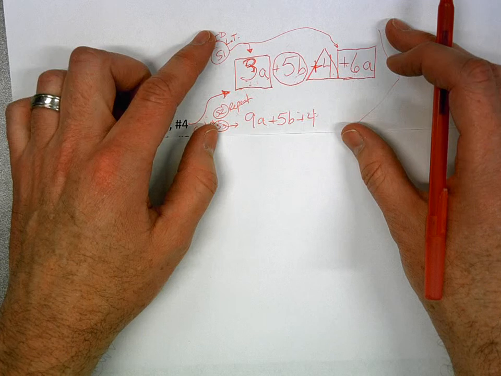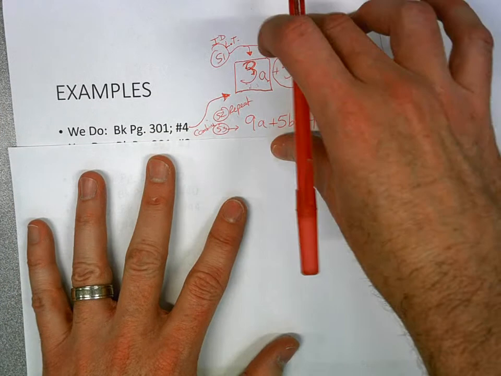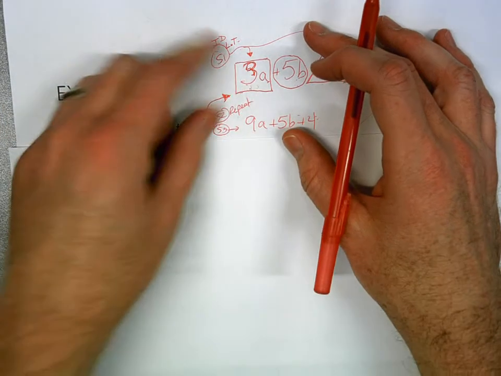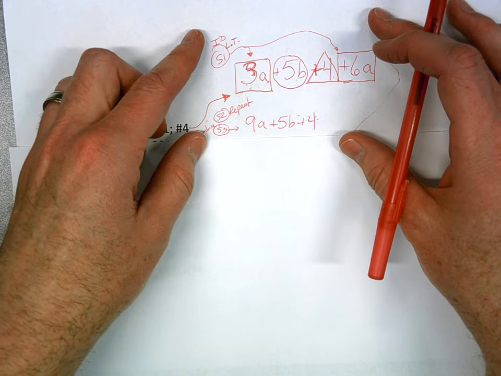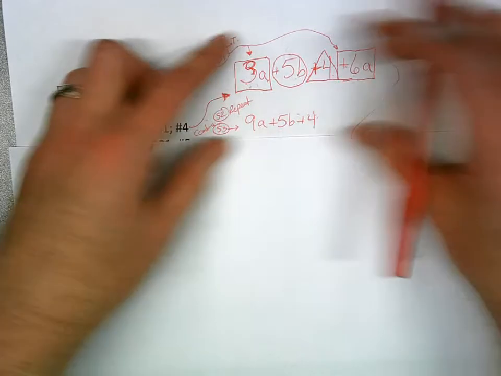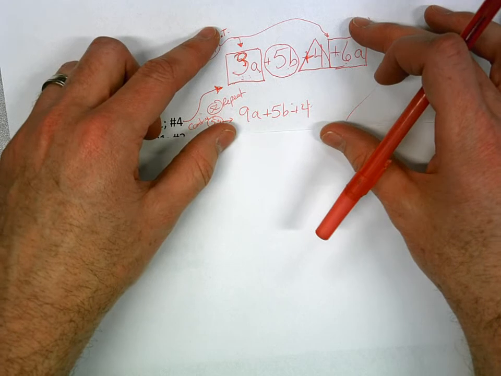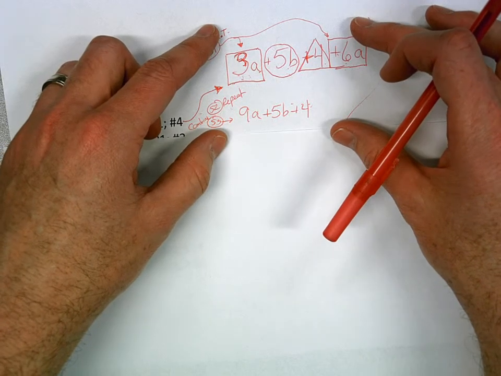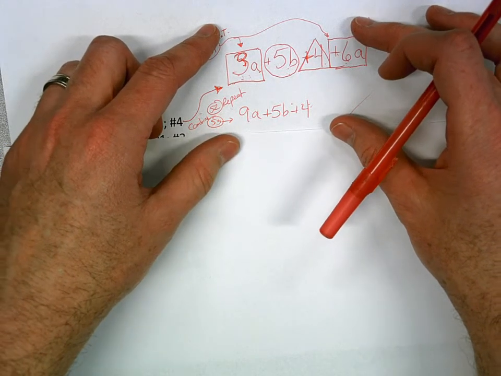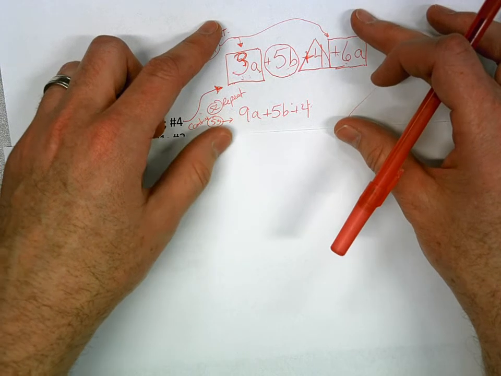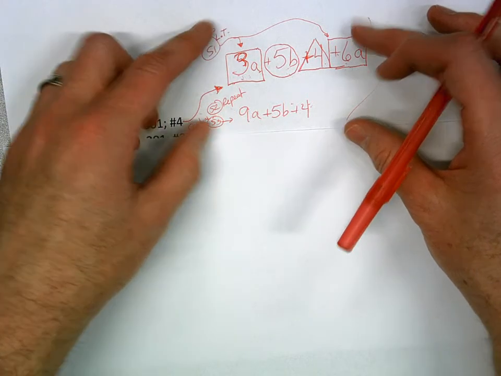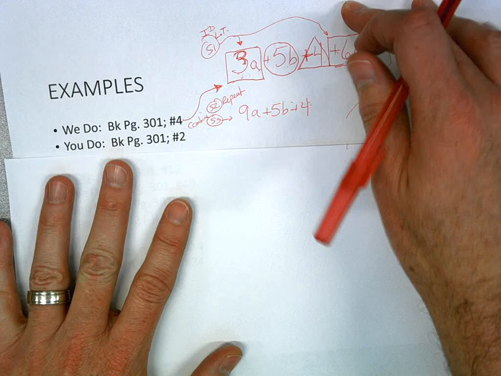Okay? Now, let's take a look at those top directions for that section, and I'll show you what they expect out of that section. Let's close read the directions. It says identify the terms, like terms, coefficients, and constants in each expression. So here we go.